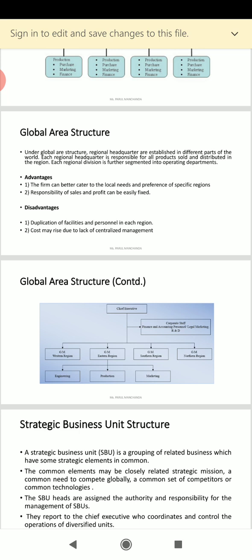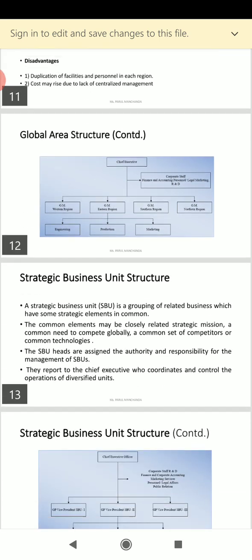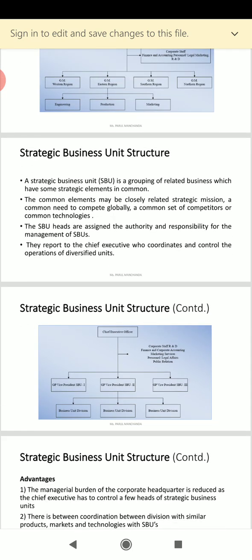The advantages and disadvantages. The next which we intend to move to is our strategic business unit structure. Now, what does it talk about? Strategic business unit structure, also known as an SBU structure, right? In this we have a grouping of related businesses which have some strategic elements in common. An SBU head is assigned the authority and responsibility for management of the SBUs.